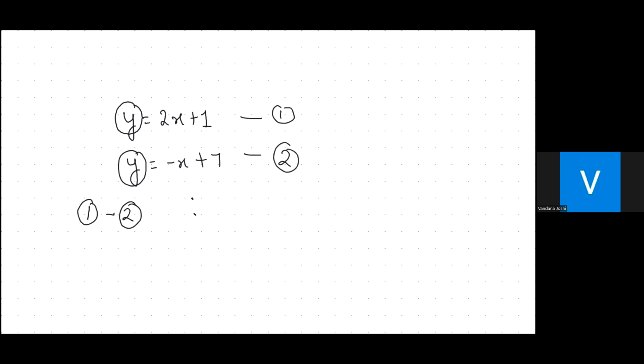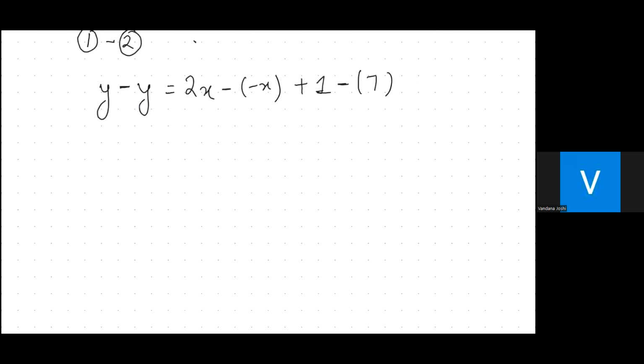So if I subtract them, I'll have y minus y from the second equation equals 2x minus x from the second equation plus 1 minus 7 from the second equation. Now, y minus y is going to cancel out.